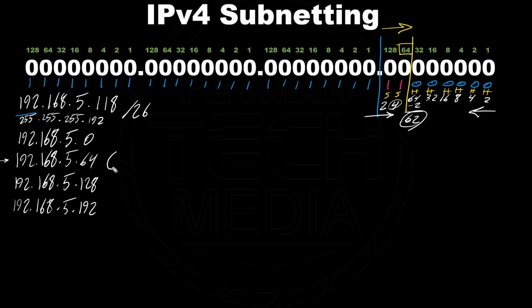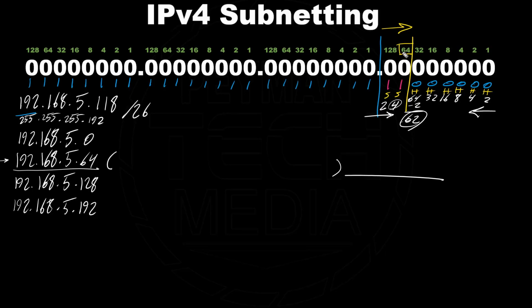So let's write down the broadcast. If this is the network address here, the broadcast address for this network address would be one less than the next subnetwork address, right? The broadcast address is always one less than the next subnetwork. The easiest way to find the broadcast address is basically by incrementing.